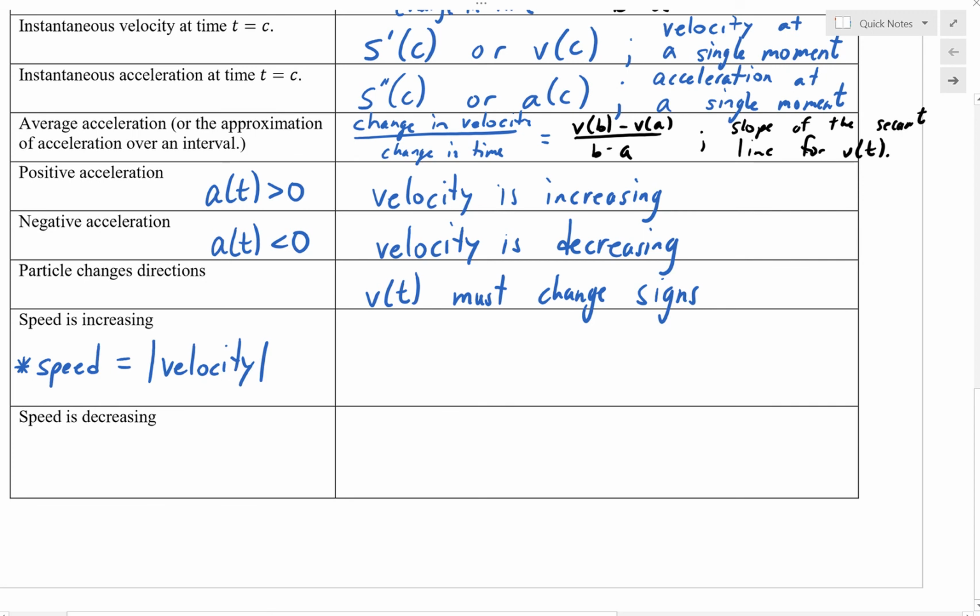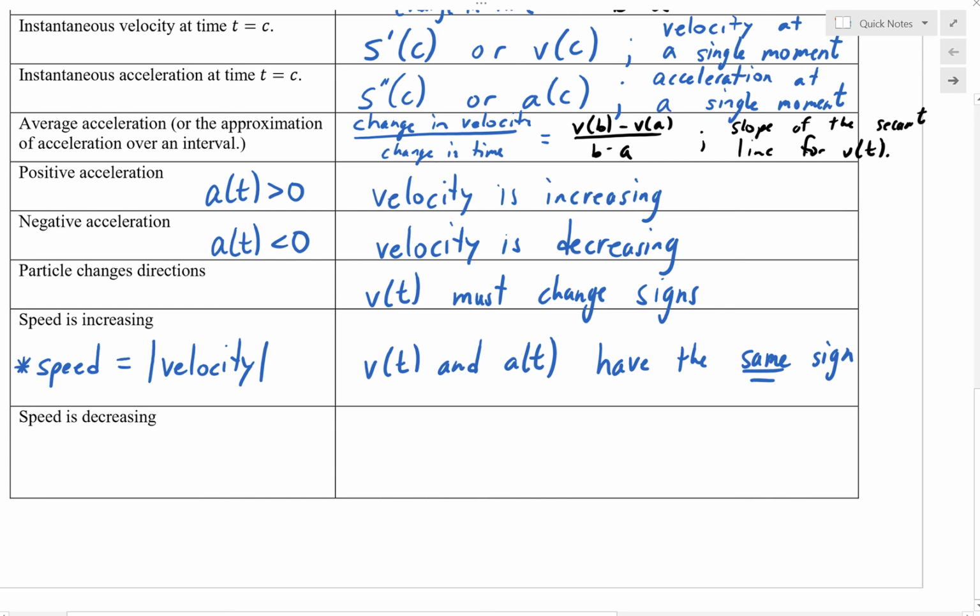In order for the speed of a particle to be increasing, v of t and a of t have the same sign. It doesn't matter if they're both positive or both negative.